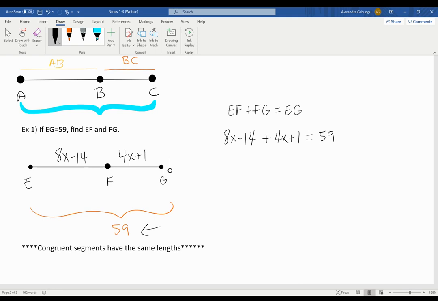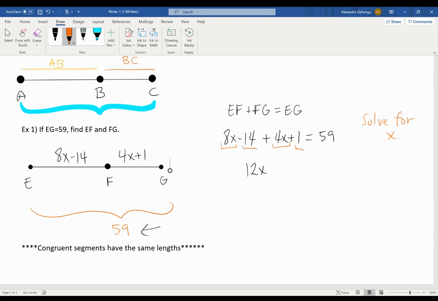Now we've just got an equation where we need to solve for x. Sometimes you'll have y, whatever variable you have. At this point, we're going to be solving for the variable. Now, reminder about solving for x when you have terms that you can combine on the same side, you would just add them and we'll get 12x.